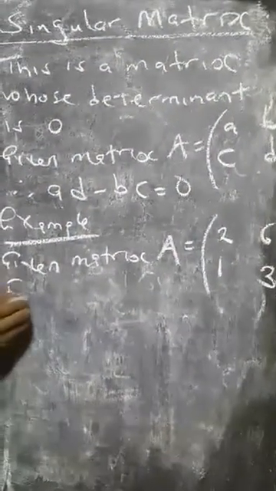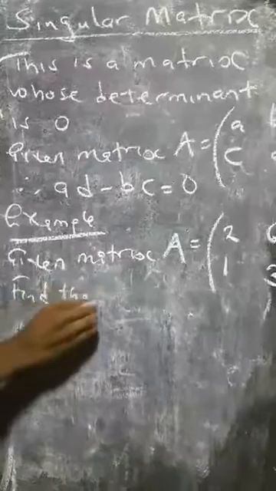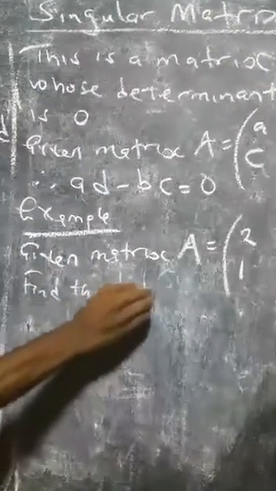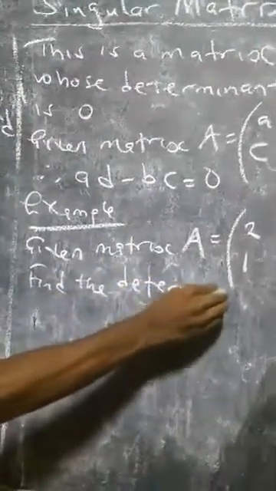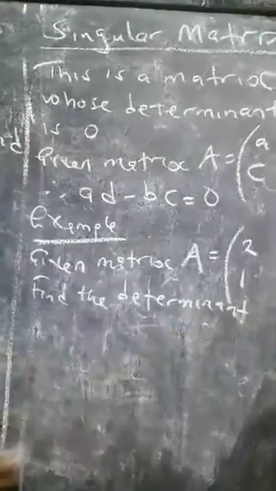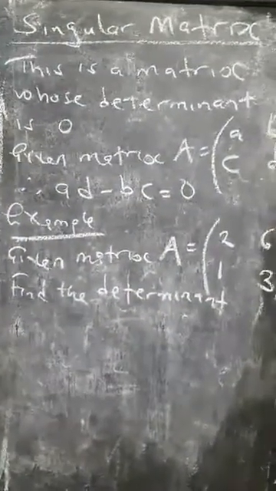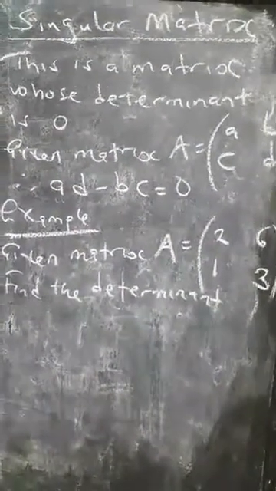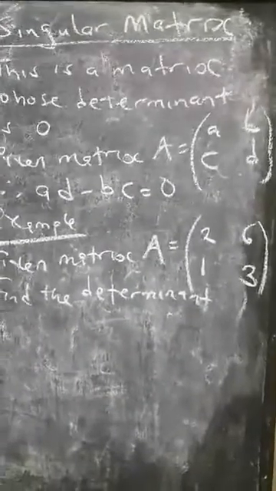Find the determinant. So given matrix A, 2, 6, 1 and a 3, find the determinant.